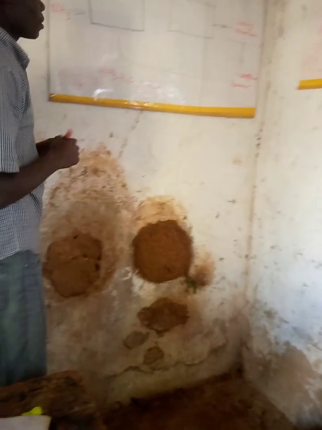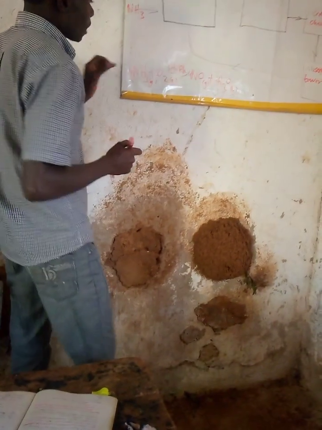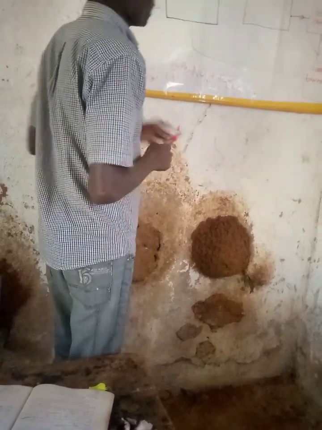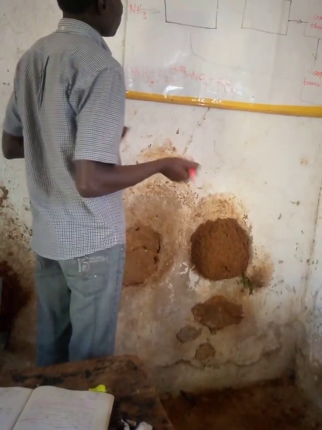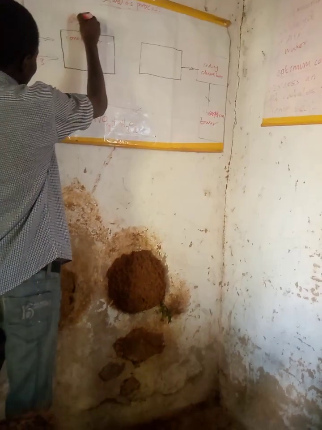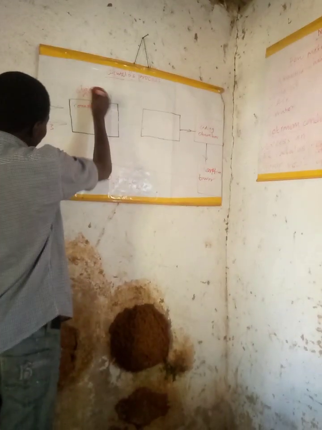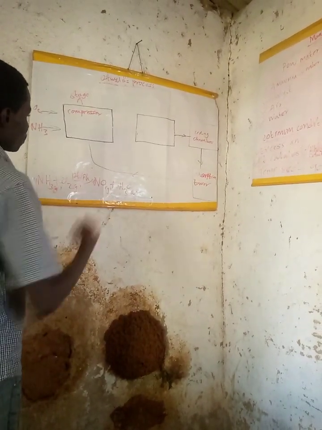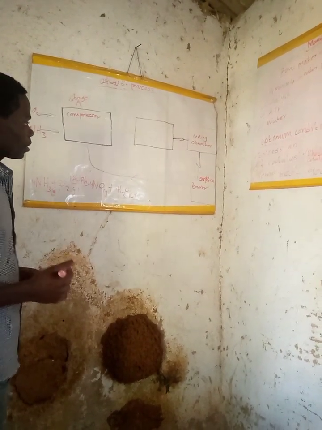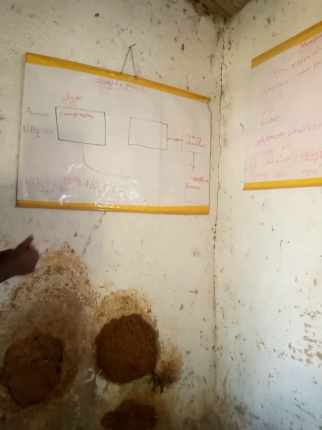If you are asked to write the equation that occurs at the first stage, maybe you can get this diagram in an exam asking for the equation at stage A. The equation is ammonia plus oxygen to form nitrogen oxide plus water.